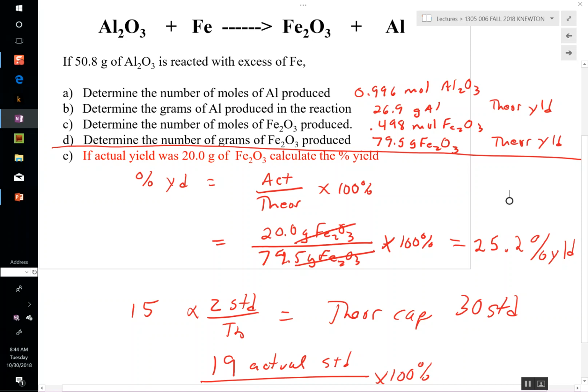There are 1,000 meters per kilometer. And then let's convert this into millimeters. There is 1,000 millimeters per meter.